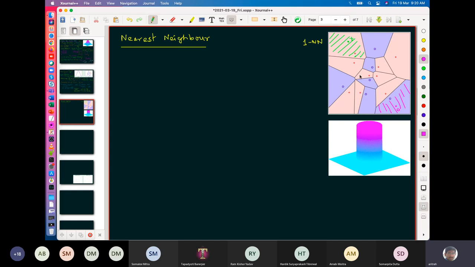That's the principle. Now see that in one nearest neighbor, your basis function is a little bit different from a Gaussian, because here you are assuming a very stringent boundary. Your basis function will act like a cylinder, because what you are assuming is that everywhere I go within this radius, I contribute equally towards classifying the points.